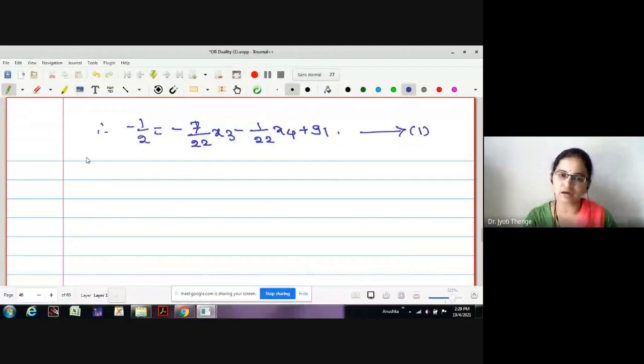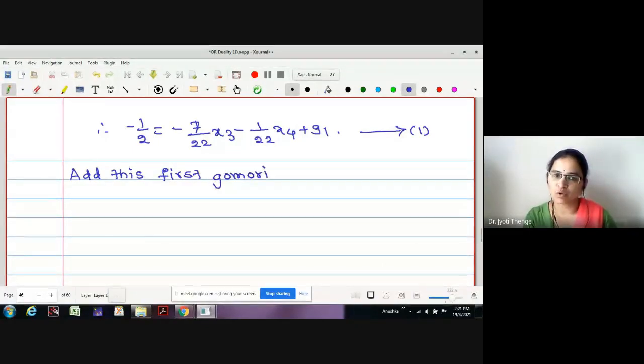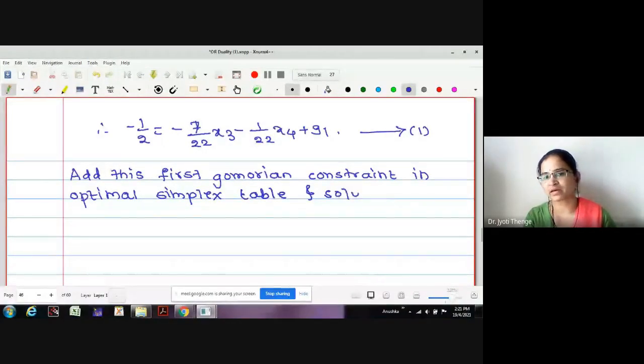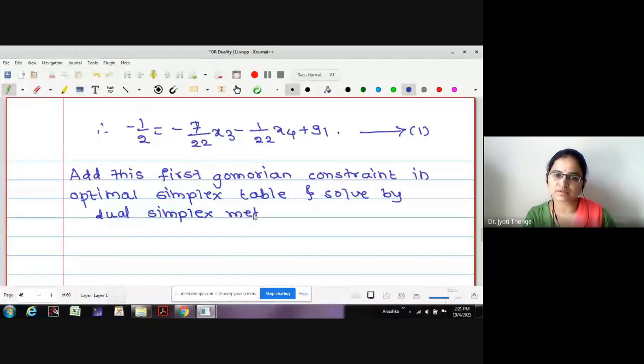We have to add this first Gomorian constraint in the optimal simplex table, or previous table you can write, and solve by dual simplex method.